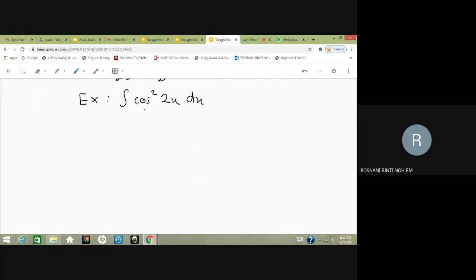So for cos squared 2x, the double angle formula suitable for 2x, the double of 2x, is 4x. So we will use the cos 4x formula, because this one has cos squared 2x.